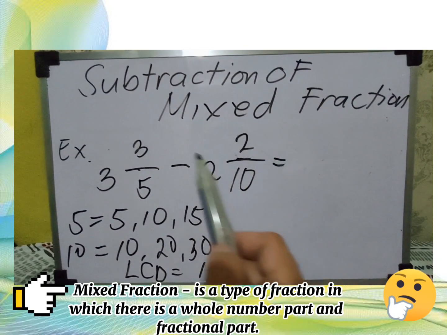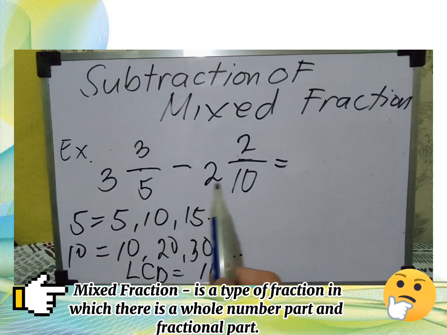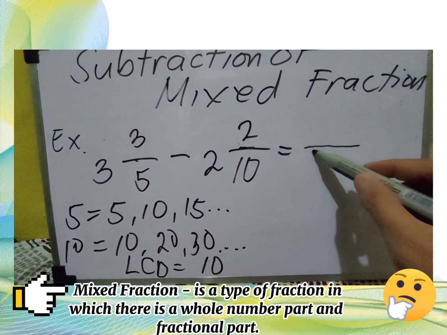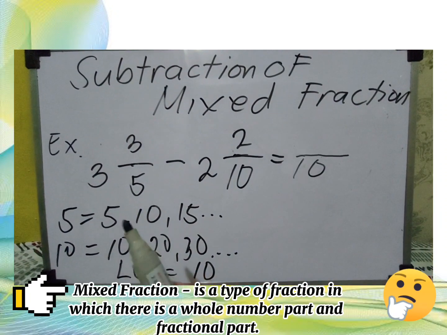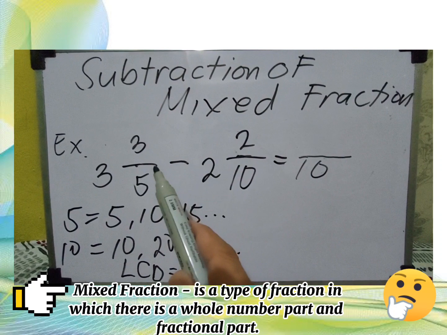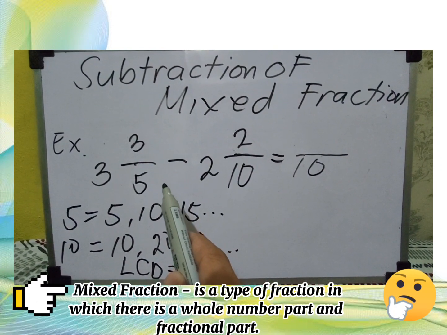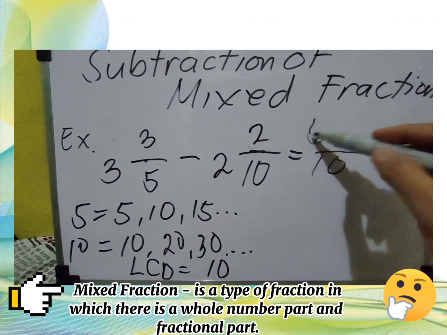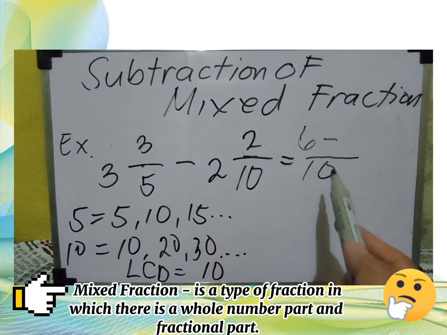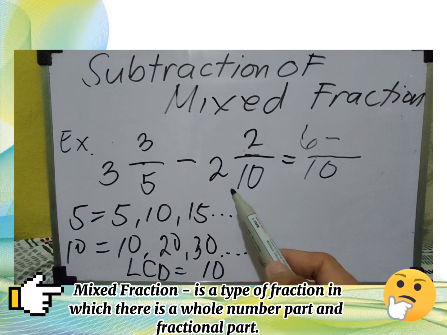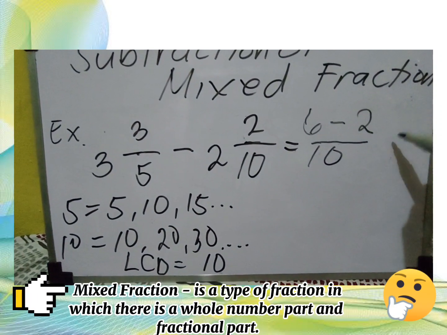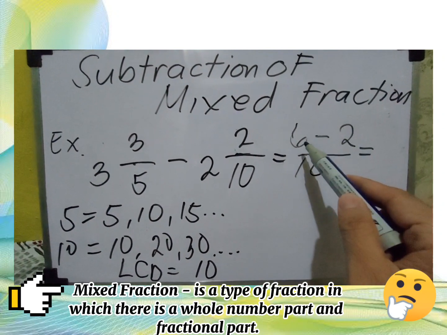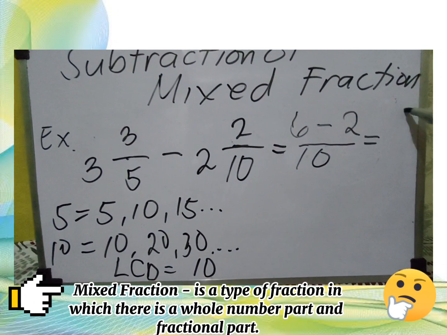Then we change 3 and 3/5 minus 2 and 2/10 to similar fractions. We use 10 as the denominator. 10 divided by 5 equals 2, times 3 equals 6, minus 10 divided by 10 equals 1, times 2 equals 2. Next, subtract: 6 minus 2 equals 4.